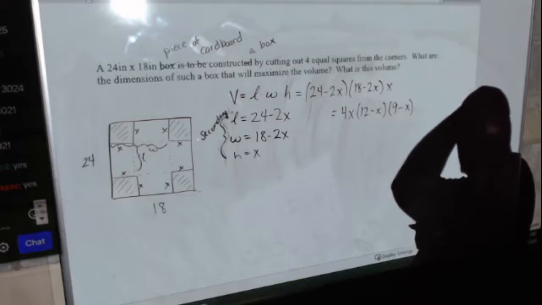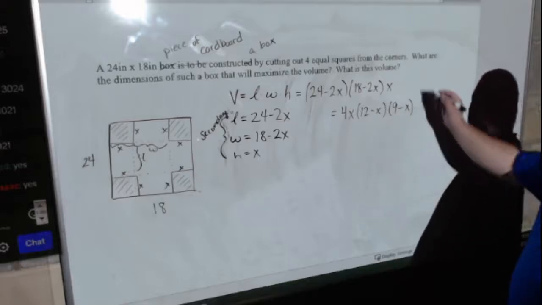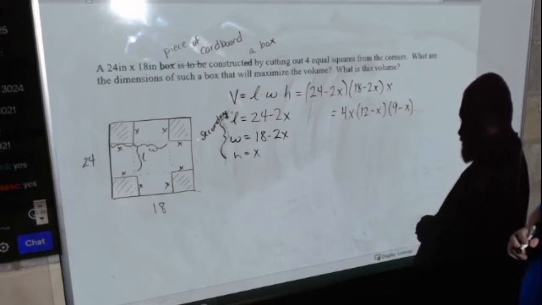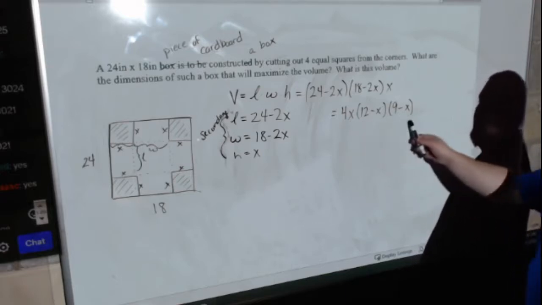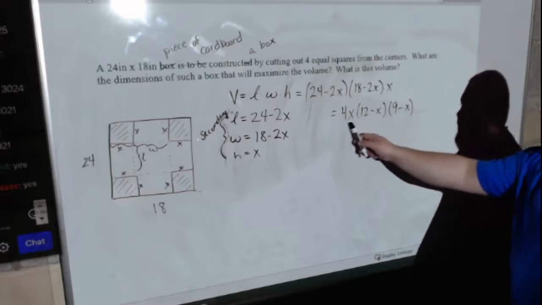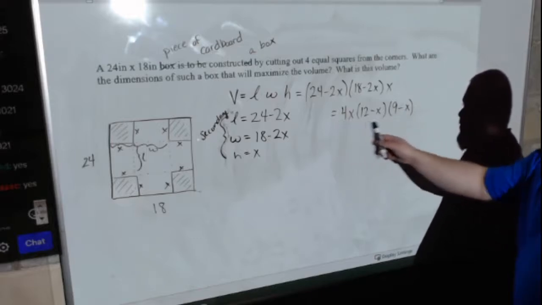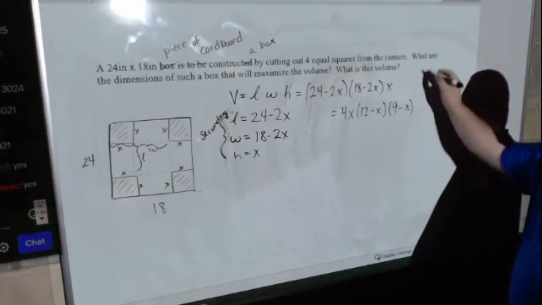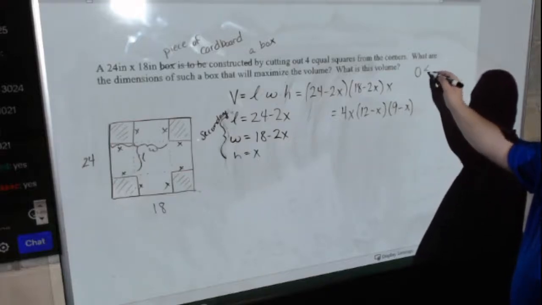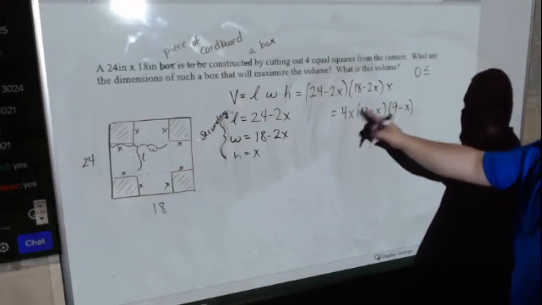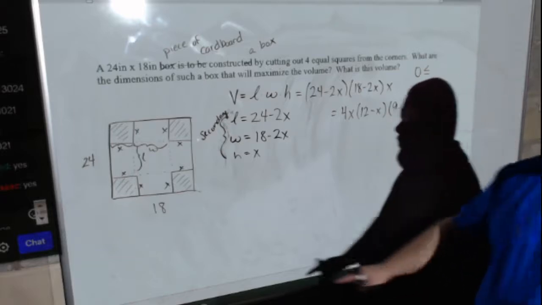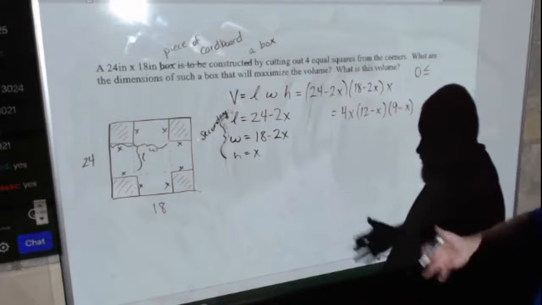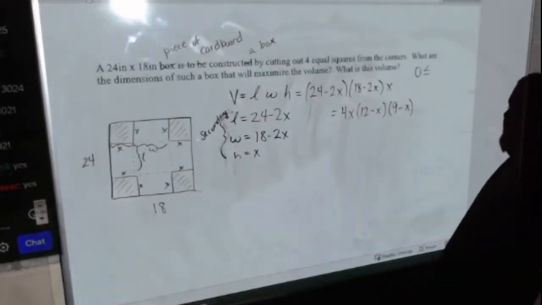Now, why did I do that? Because I want to talk about the domain. So, in this equation, the smallest value of x that I could plug in would be 0. Right? Because I could plug 0 in everywhere and it's fine. Doesn't make sense to have 0 length, but I can plug in 0. It's okay with the function.